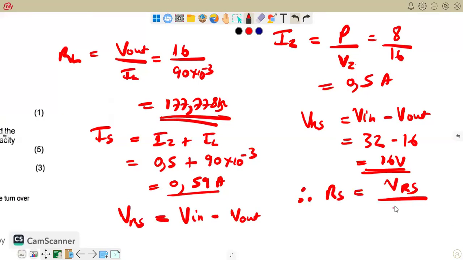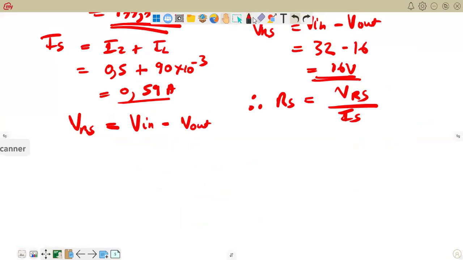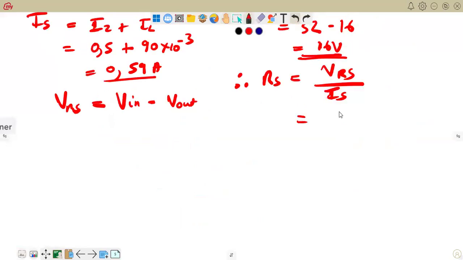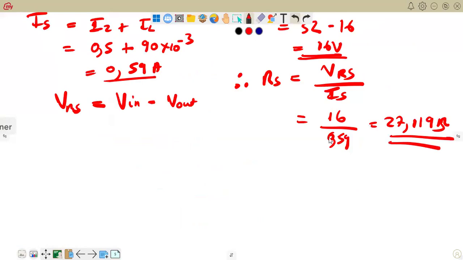What is RS? RS is equivalent to VRS over IS. What does that give us? 16 divided by 0.59, which gives 27.1 ohms. That marks RS, the size of the resistor RS.